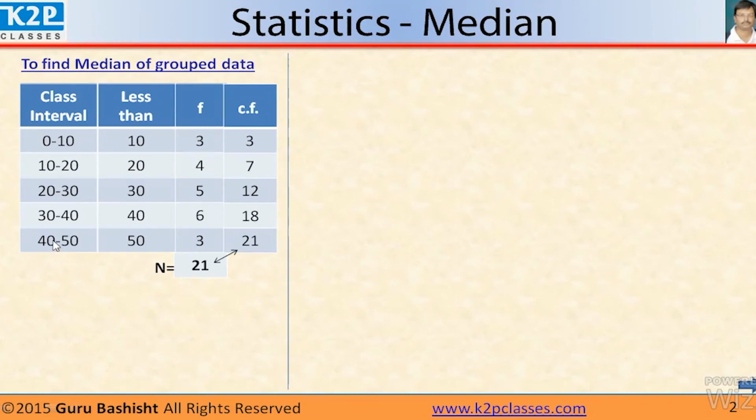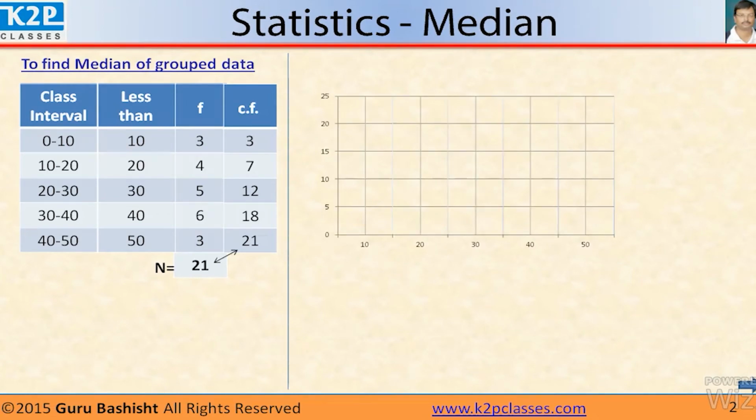Similarly, for the last row, 40 to 50, frequency is 3, but the cumulative frequency, less than 50, is 21, because 21 is the total number of observations. Now, let us find the median with the help of a graph.